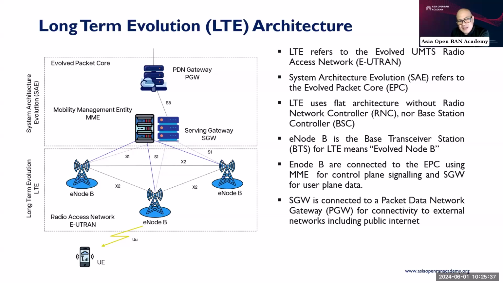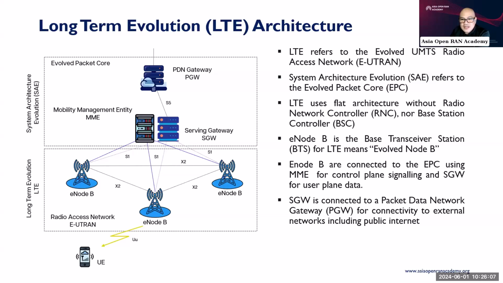But right now, if you hear the word Open RAN, which we will discuss in future discussions, they are putting back another controller. We call it the RAN Intelligent Controller. The RAN Intelligent Controller will be managed or assisted by artificial intelligence and machine learning. So this is the network architecture of an LTE.